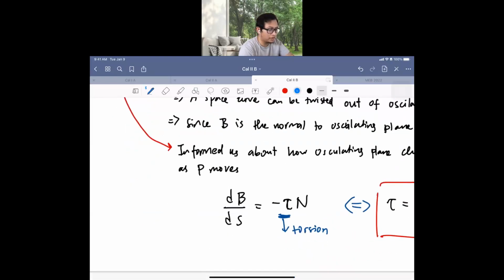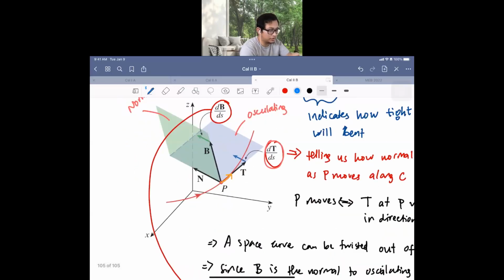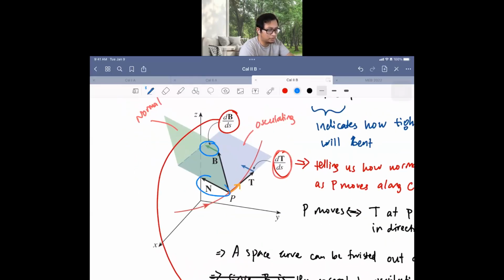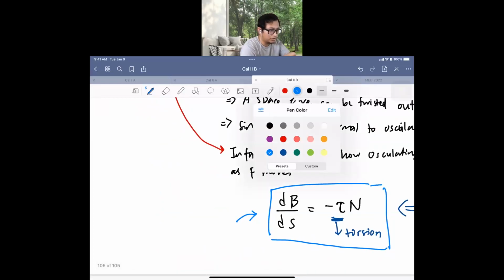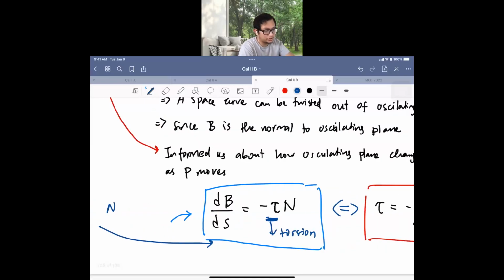So when we are having the change with respect to s for this binormal, actually we are going to prove that the direction of this arrow B will be parallel to the N. Because of that parallel property, we can take it into equations and make a new definition, which is a torsion, a scalar value that relates dB over ds and n.